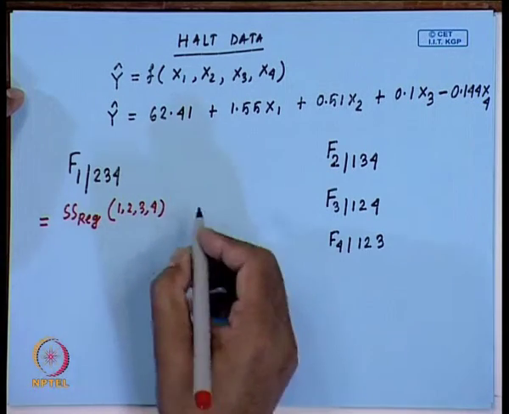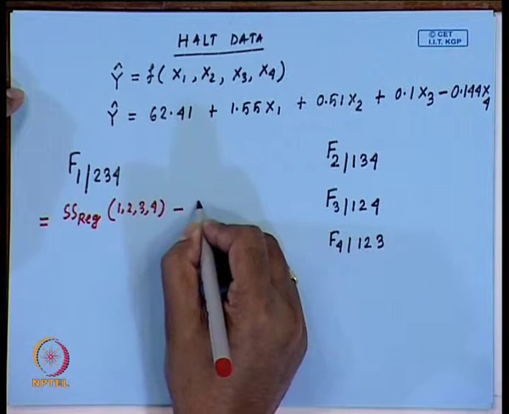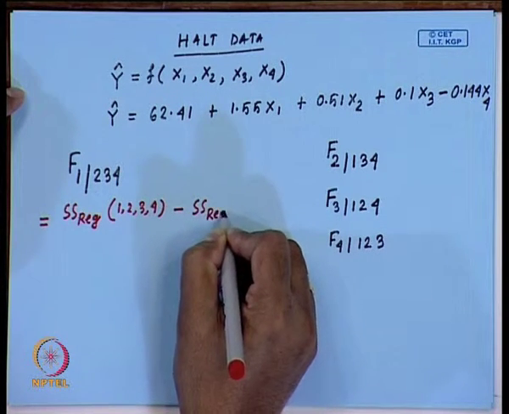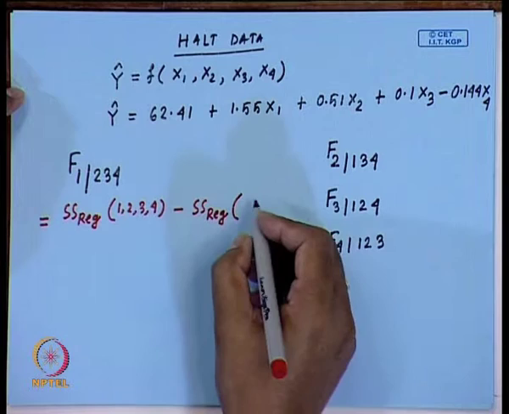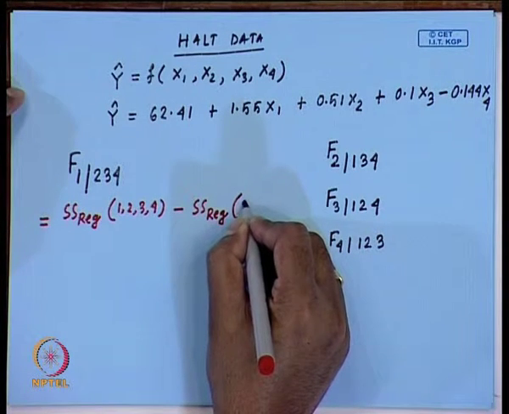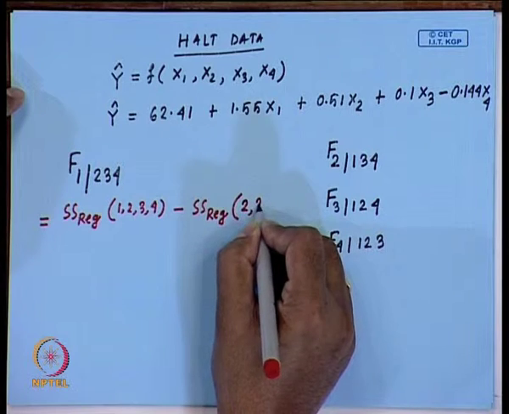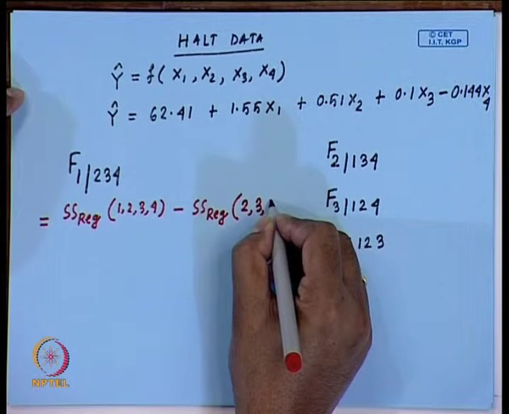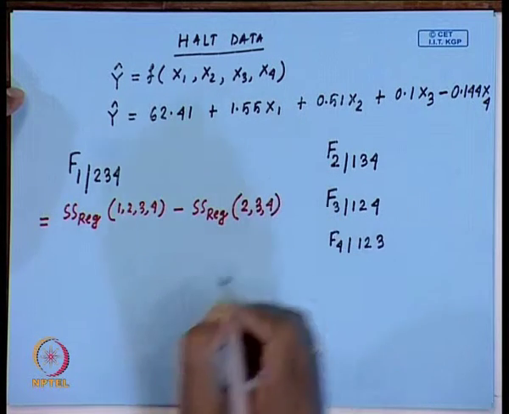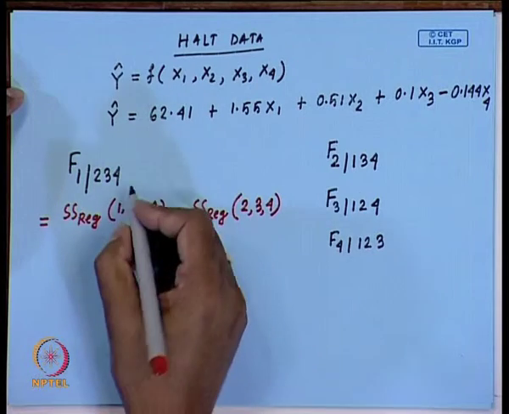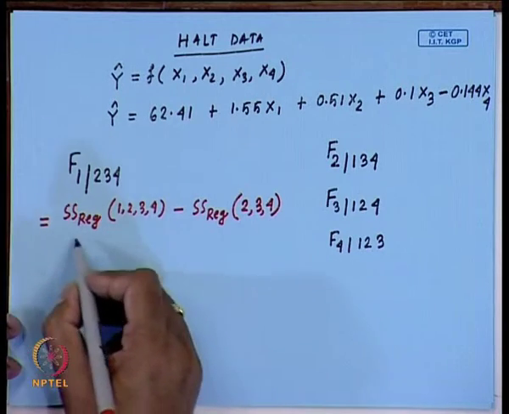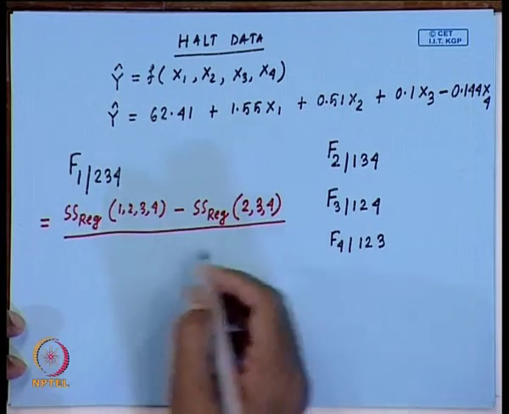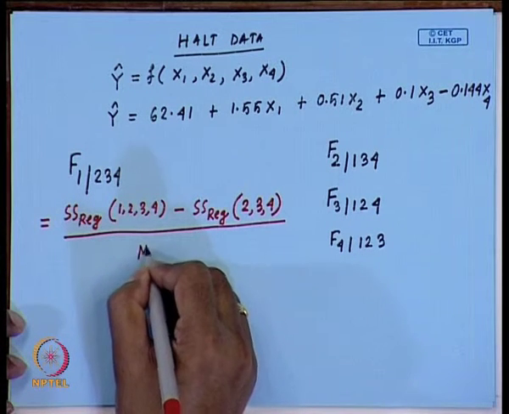So, this is the SS regression for the full model minus SS regression for the model with regressors x2, x3 and x4. Also, instead of 1, 2, 3, 4, you can write x1, x2, x3, x4. Maybe next time I will do that. This is divided by MS residual.